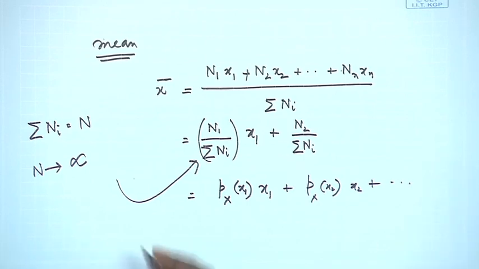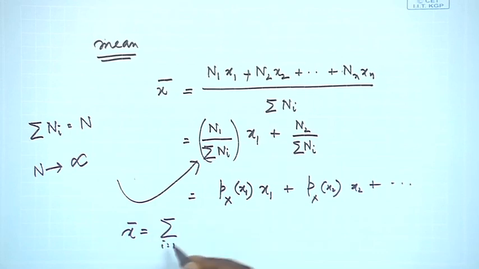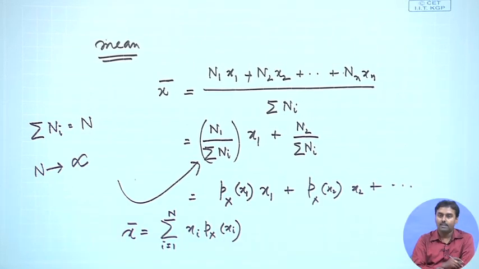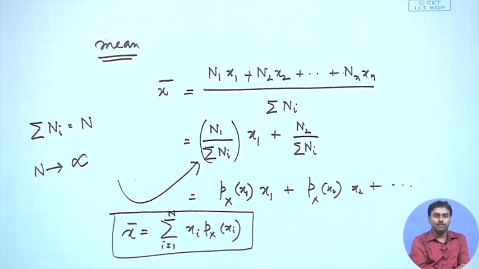So, immediately I can see the x bar is nothing but, in a discrete case, as many times as I will be doing this experiment, right. So, that is the famous definition of mean.